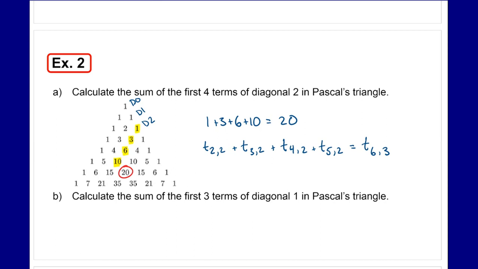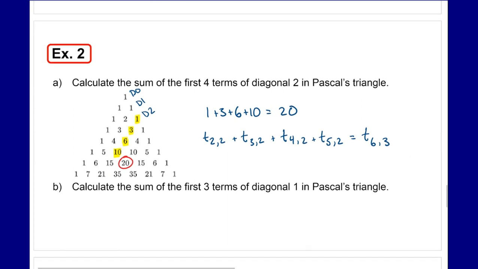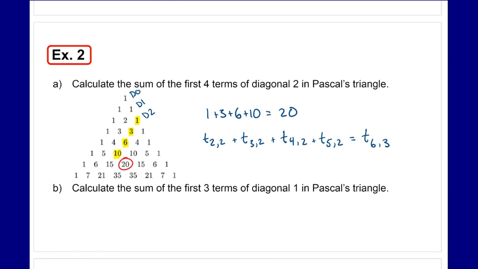So we can see how this pattern works. It's all position 2, and then it gives us position 3 in the next one.